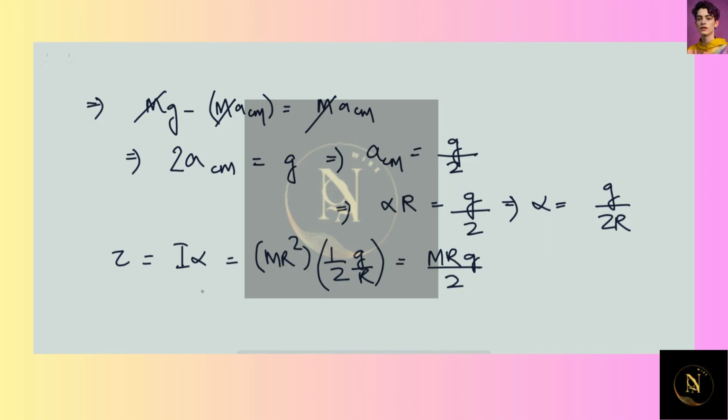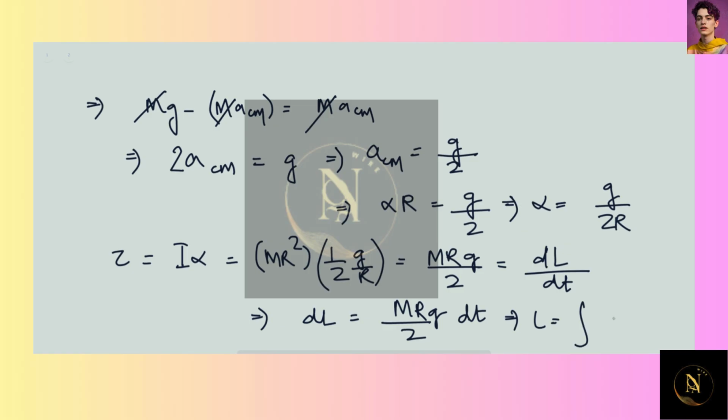Now we know that torque is the rate of change of angular momentum, so we can write this equal to dL over dt. This means that dL is equal to mRg over 2 times dt. Therefore, L will be equal to the integral of mRg over 2 dt.